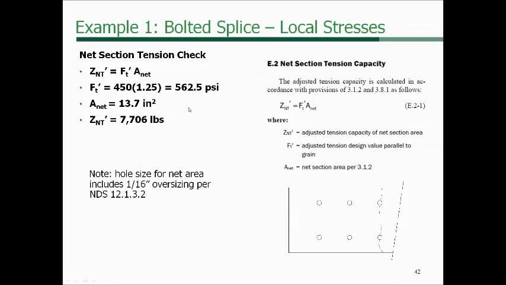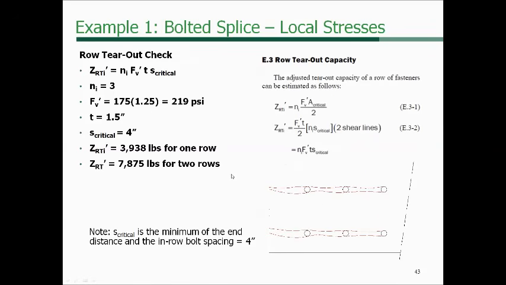So we're going to take the tension value of 562 psi adjusted for the load duration factor, and a 13.7 square inch cross-sectional area with the bolts removed gives us 7,700 pounds. And if you remember the capacity we calculated for the bolts, that was around 9,500 pounds. So already we see that net section tension controls this particular joint.